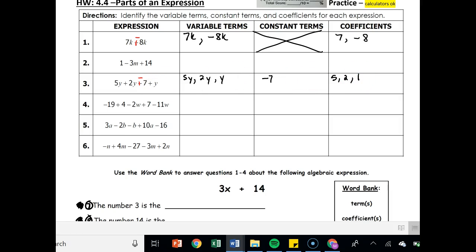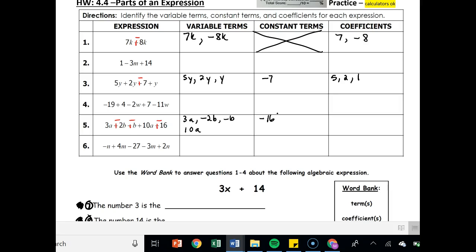Number 5, go through first, make sure that you change everything. And now, having done that, let's go ahead and write down our variable terms. So we have 3a, we have negative 2b, we have negative b, we have 10a. Our only constant term is negative 16, making sure that we include signs with our terms, whether they're positive or negative.